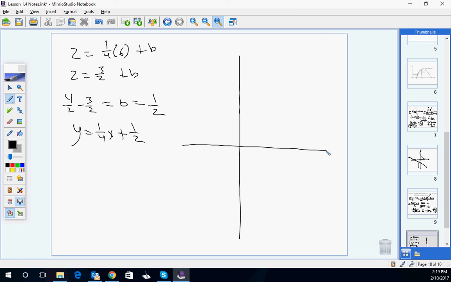Square root x plus 2. So that means this starts here, and it goes like this.